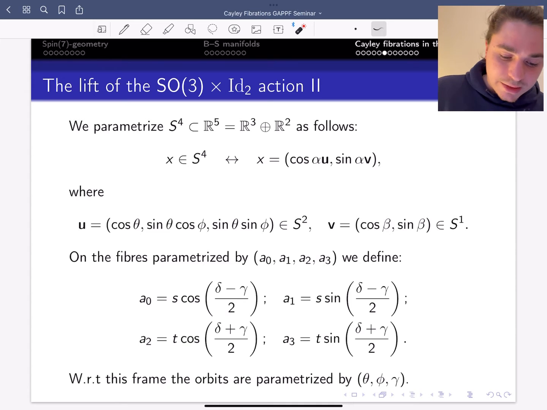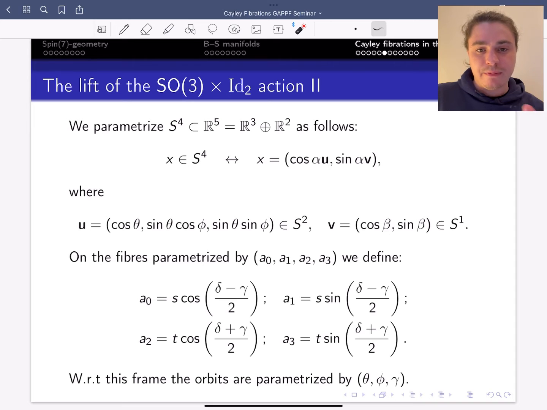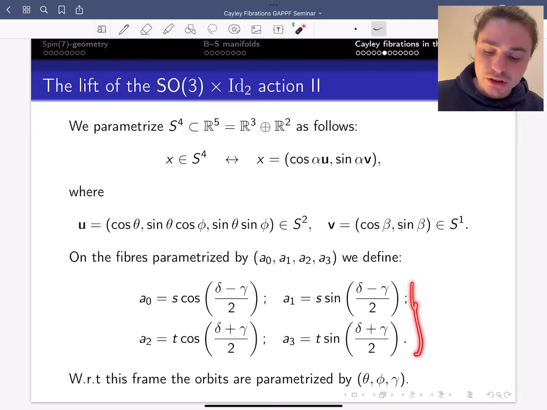The reason is that if we fix a point in the base, gamma parameterizes the orbit in the fiber. Note that this is essentially a kind of Hopf fibration type of map.